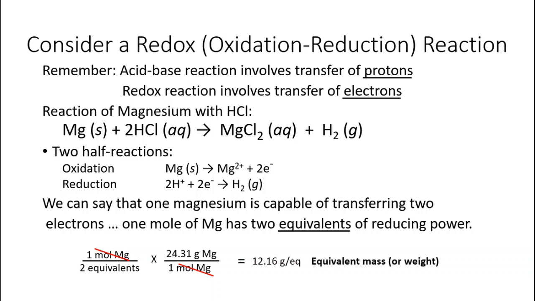And we're going to call this the equivalent mass of magnesium. Remember, the difference between this equivalent mass or equivalent weight and that of an acid is that in the case of an acid, we were measuring the power to transfer protons. Here we're measuring the power to transfer electrons.